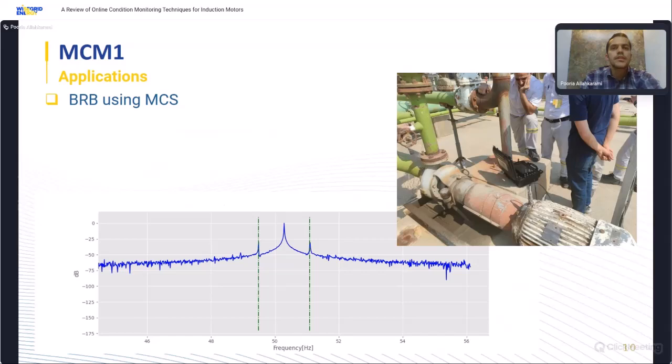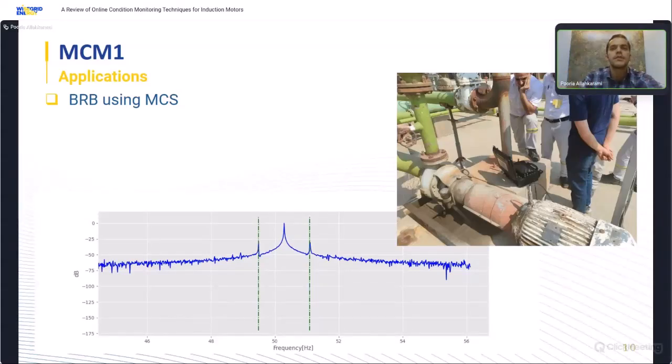So here you can see the current signature of the stator. Theoretical analysis shows that a broken rotor bar can create two characteristic sidebands in the current frequency spectrum. The device used here, called MCM bar, uses motor current signature analysis, or MCSA, sampling the current and observing its frequency spectrum around the fundamental power frequency.